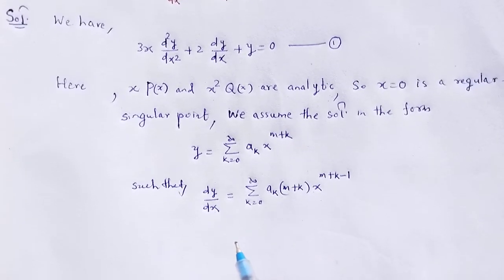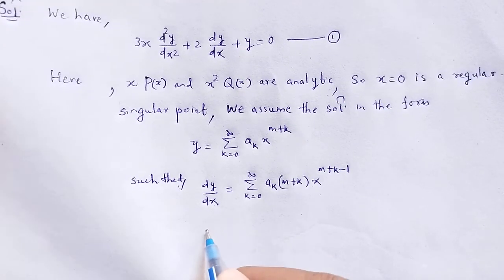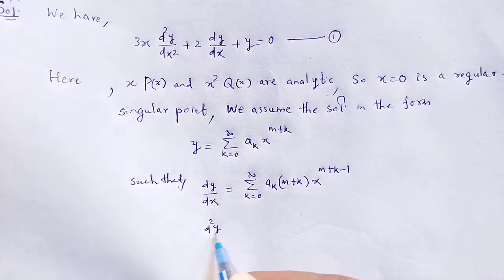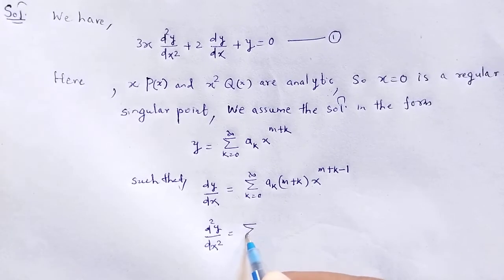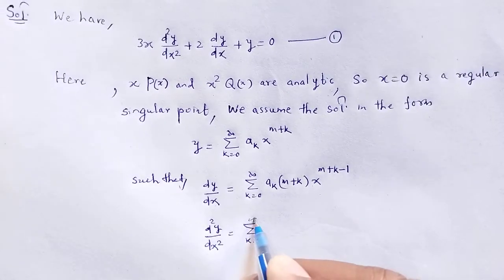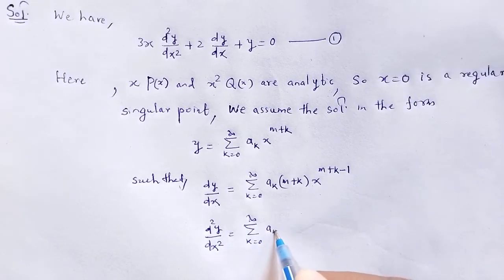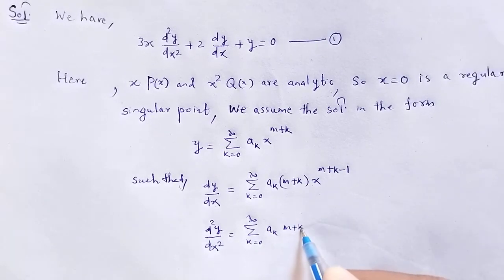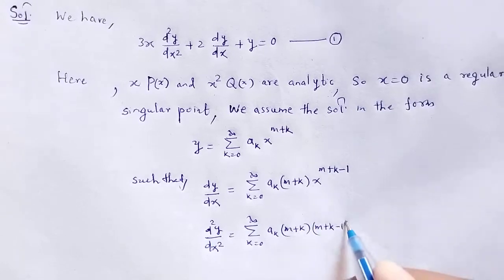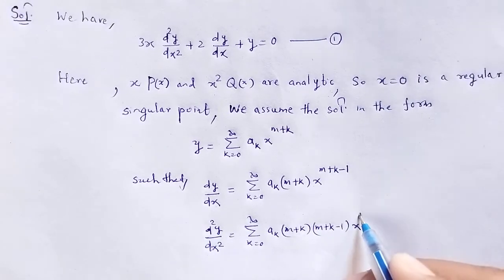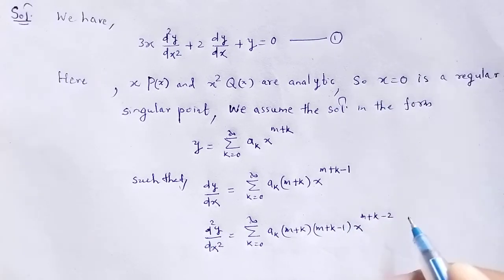Again, second order differentiation, that is d square y by dx square, will be summation over k is equal to 0 to infinity a k (m plus k) into (m plus k minus 1) x to the power m plus k minus 2.